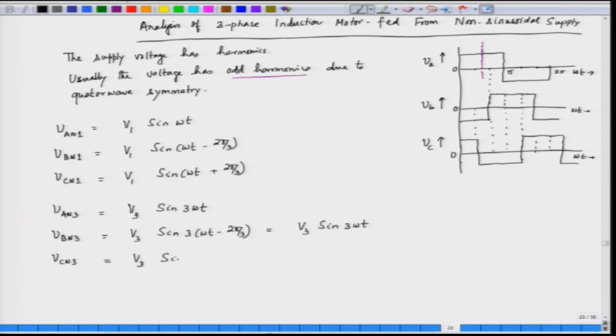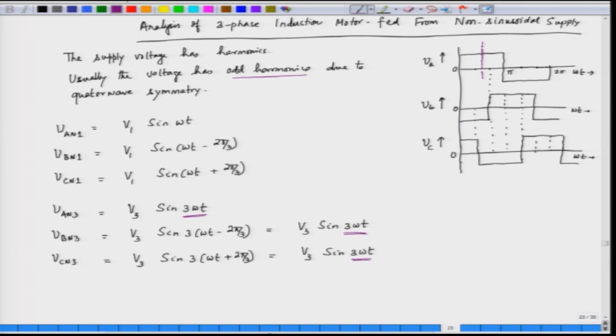V3 sin (3 omega t plus 2 pi by 3), that is equal to V3 sin 3 omega t. So, what we get here is that the third harmonic voltages V_An3, V_Bn3 and V_Cn3 are co-phasal, they are basically in the same phase.